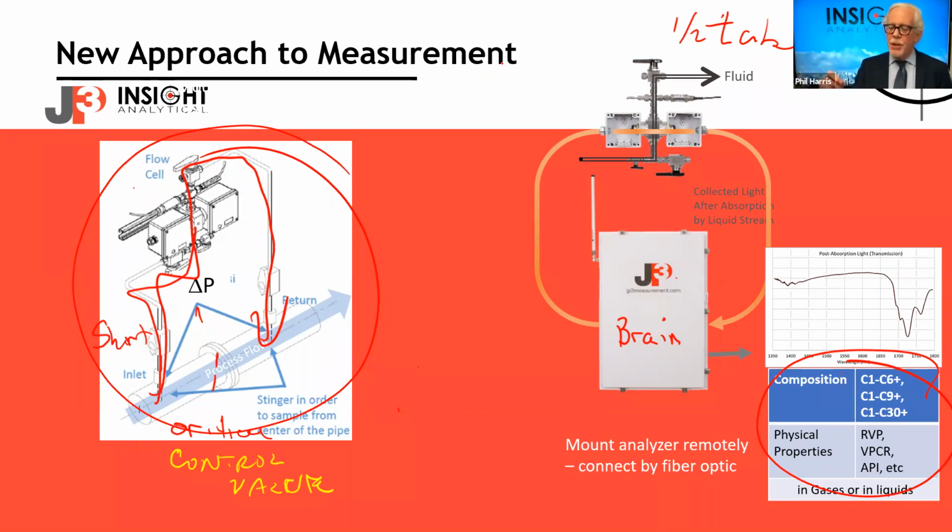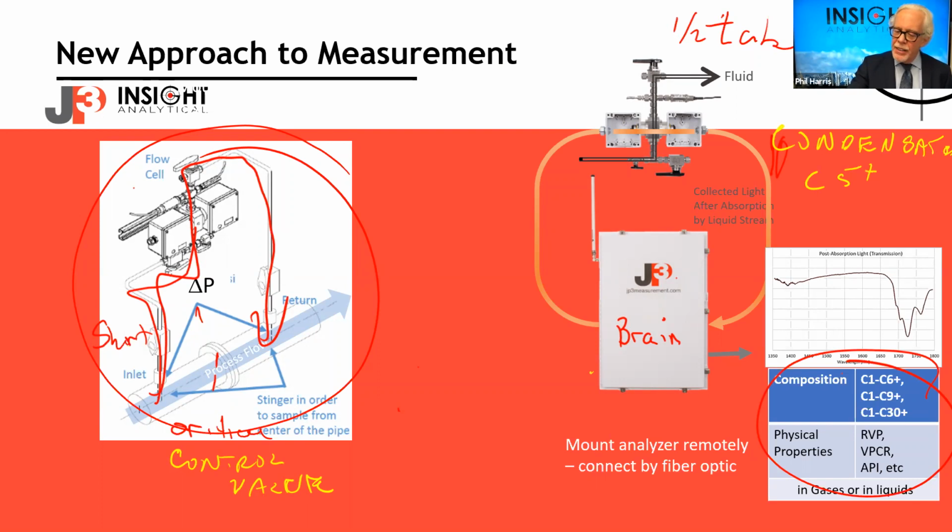One of the other cool things about this technology is that the brain can handle more than one set of fiber. So we could be saying, I'm going to measure natural gas condensate, a C5 plus stream over here, a liquid.